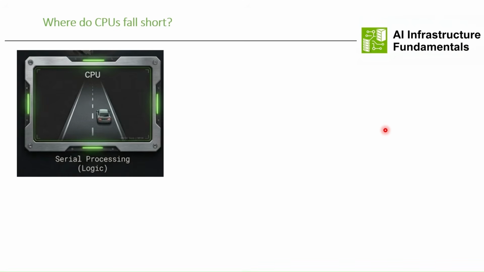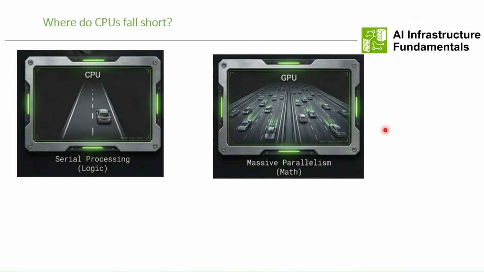That's what I try to explain in this slide. Where do CPUs fall short? CPUs are good at serial processing, doing operations one after the other. But when it comes to massive parallelism, many tasks at once, that's what the math requires when we train or run inference on AI workloads. So let me give you an analogy now, as I promised before.